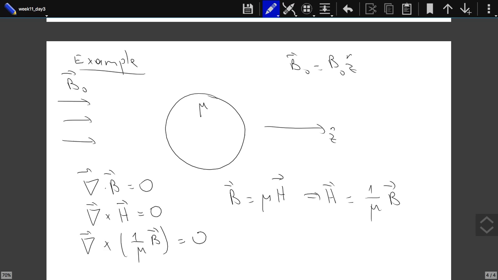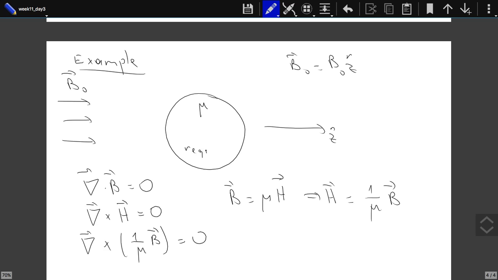Well, I cannot just take the 1 over mu out of that curl expression because mu is not constant over all space. But I can divide my space into two domains, inside my sphere and outside my sphere. In both of these domains, mu is just a constant, so I can take 1 over mu out of the curl equation, and that would give me curl of B is equal to 0.